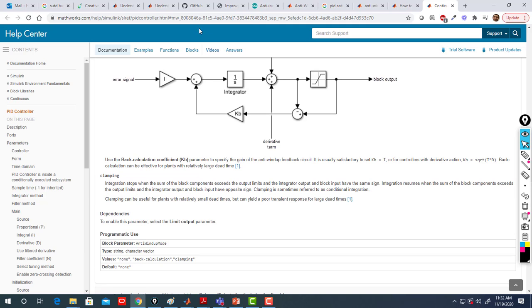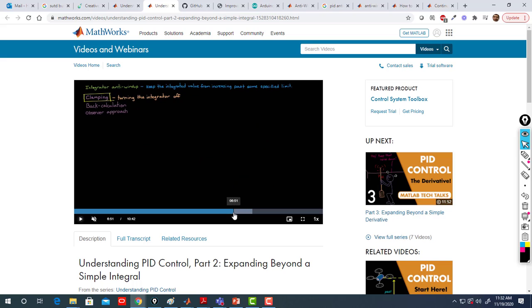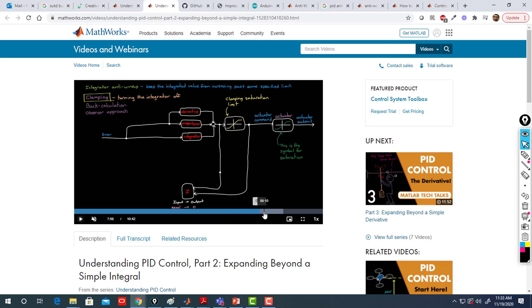Basically, you need to see the differences and check the sign between the input of the controller and the output of the controller.